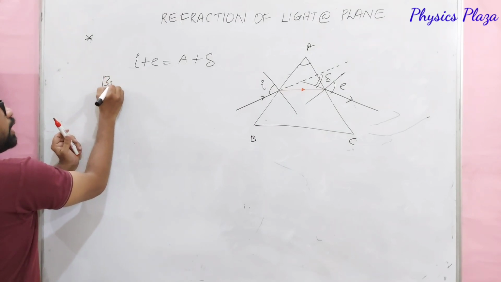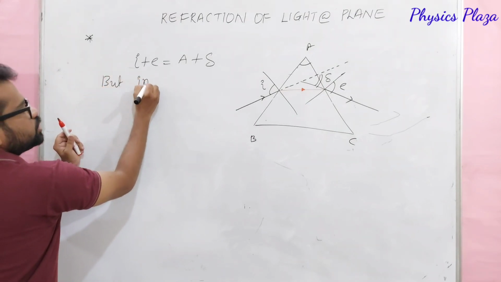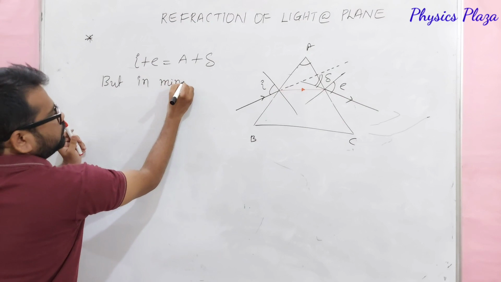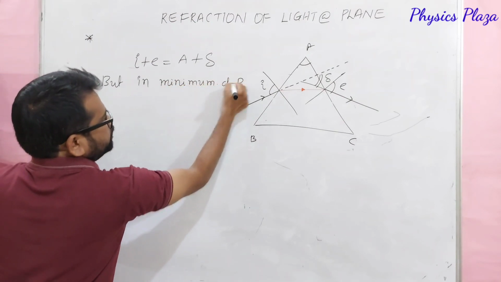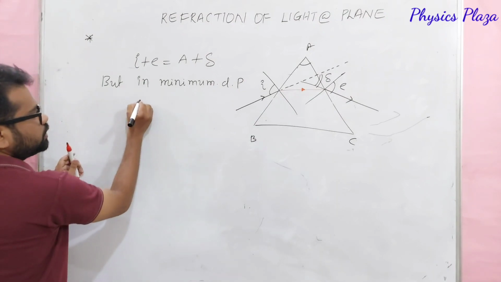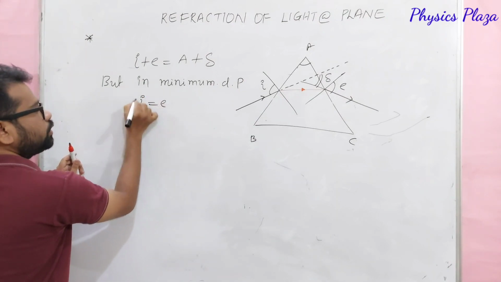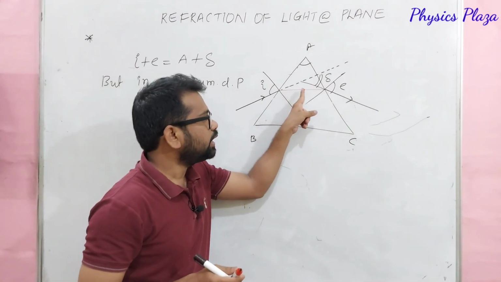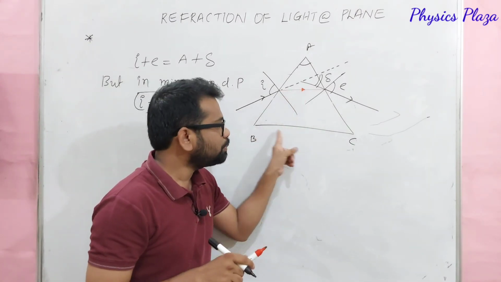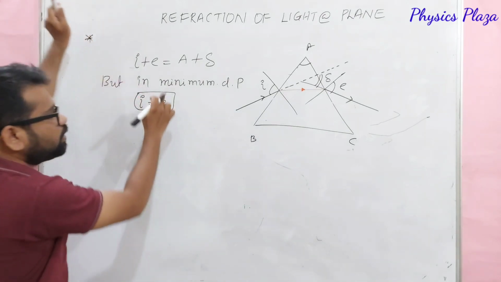But dear children, in the minimum deviation position, it's very important that I is always equal to E. In that case, the refracted light ray must be parallel to the base of the prism. Then how will this formula take form?